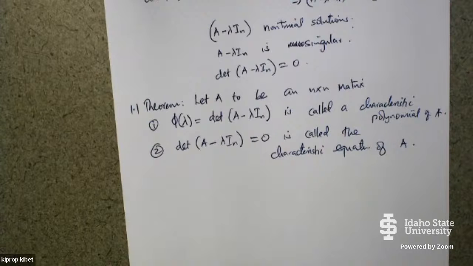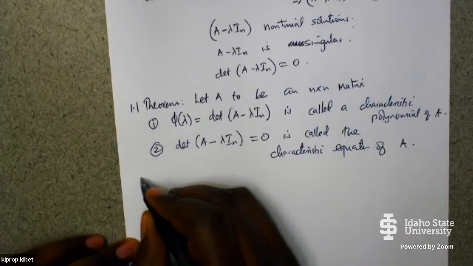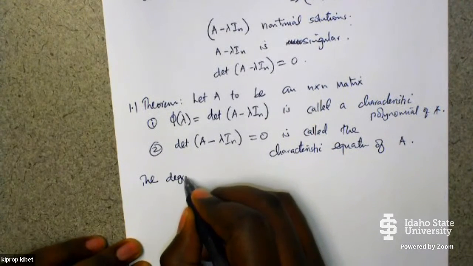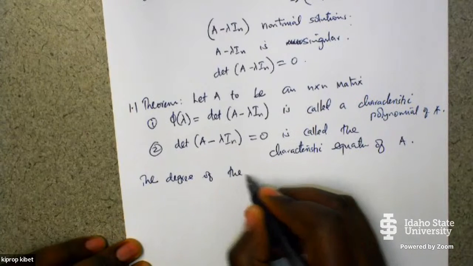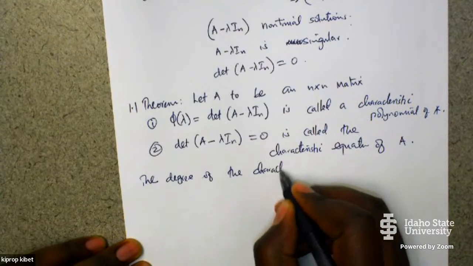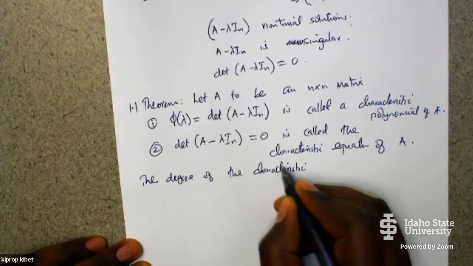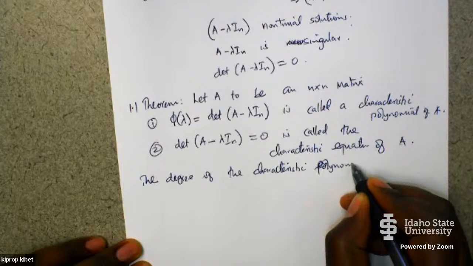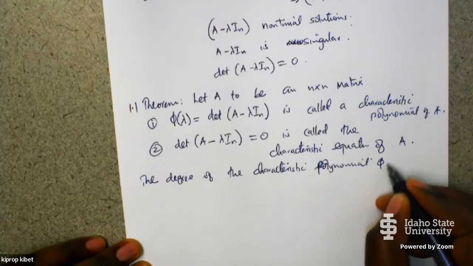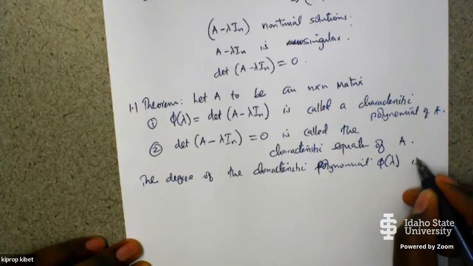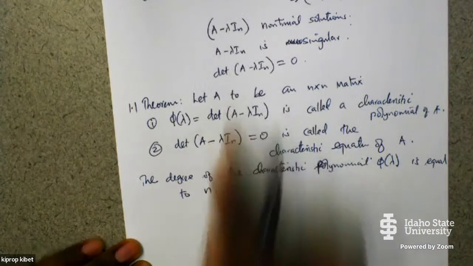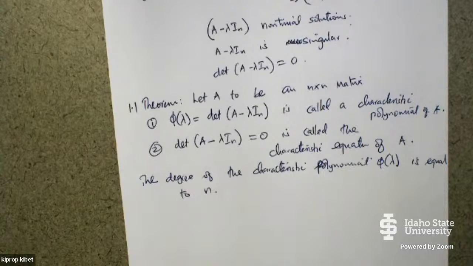So we can write the degree of the characteristic polynomial phi of lambda is equal to n.